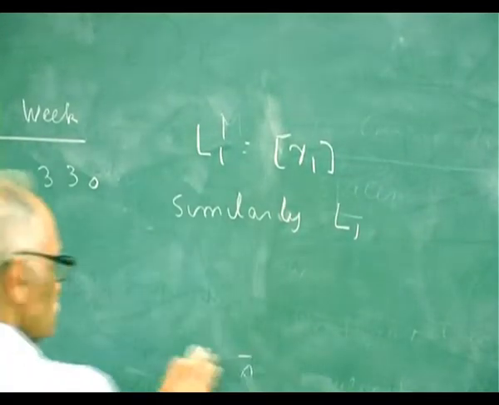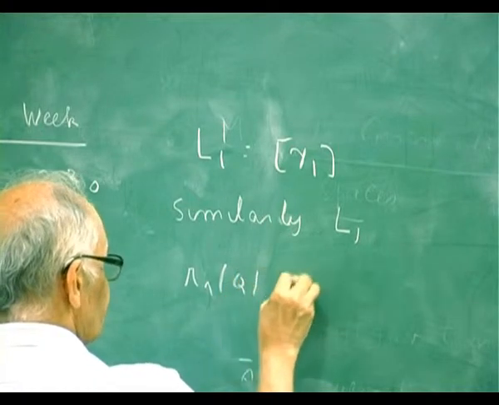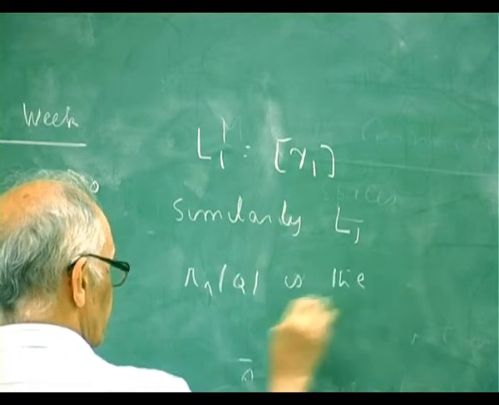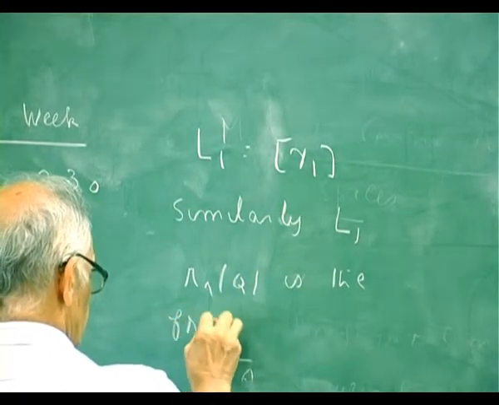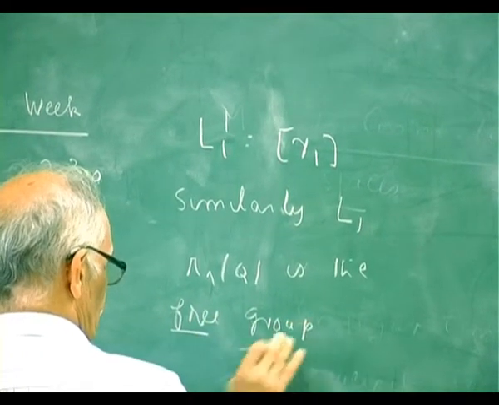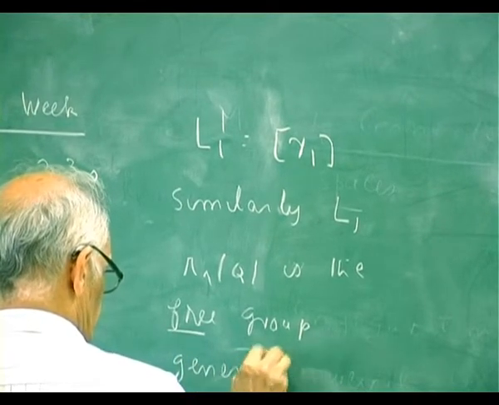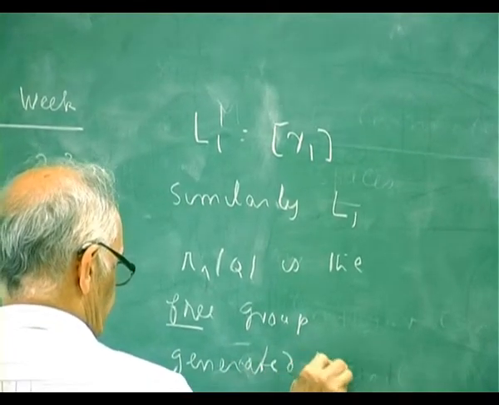Then pi_1 of Q is a free group. You know what I mean by it. Generated by the L_i.